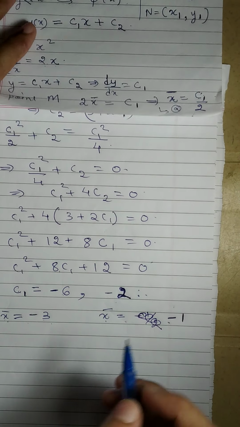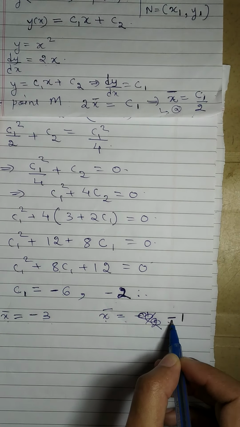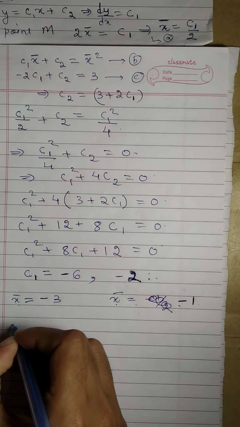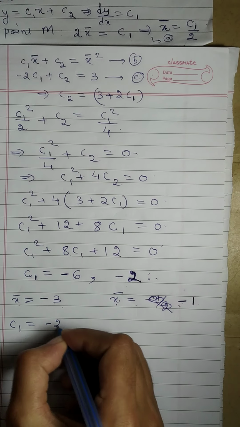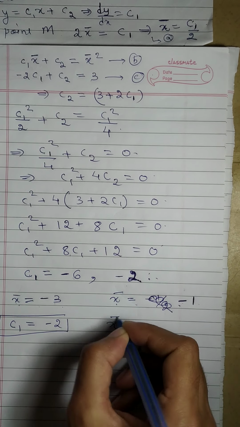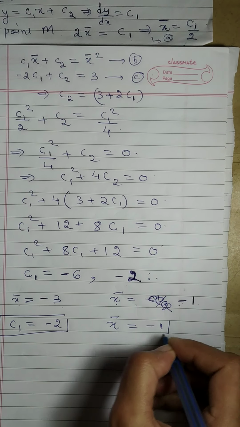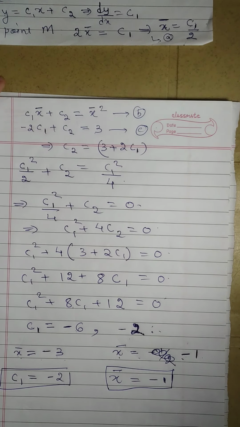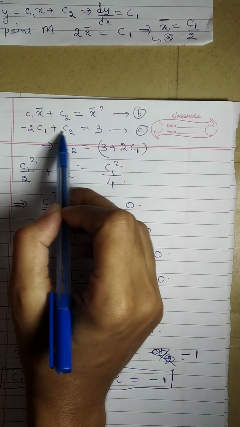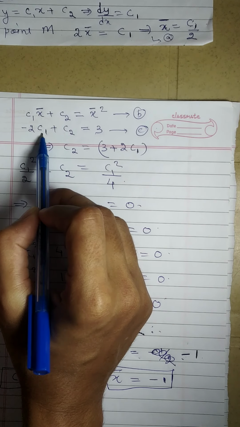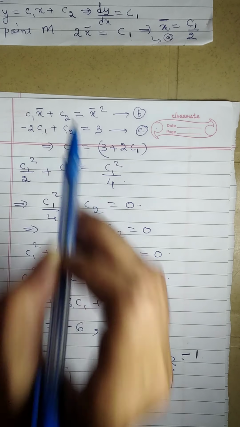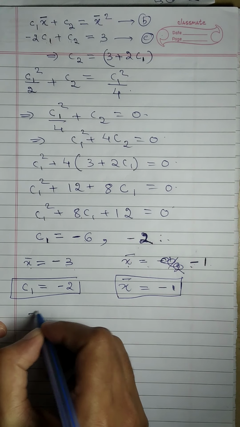And therefore x bar is equal to minus 1. So C1 is equal to minus 2, x bar is equal to minus 1. By using this equation, we know the value of C1, so by using this equation, we can find the value of C2. That will be minus 2.